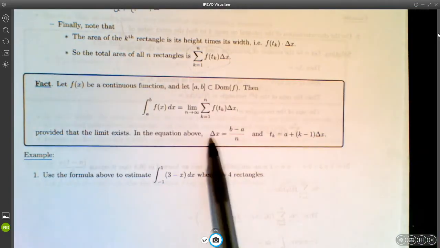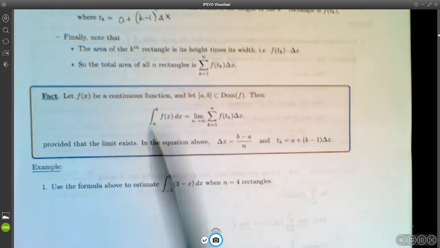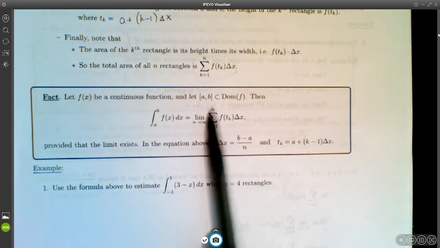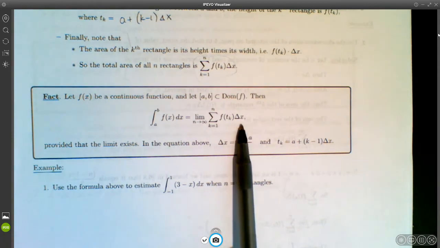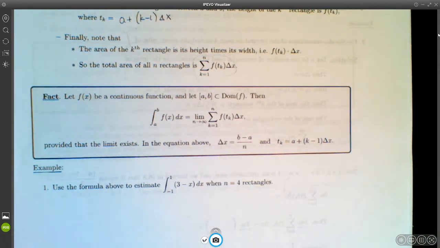And delta x itself is b minus a over n, as we saw on the previous page. So we're just putting all these facts together to get this formula. So really this integral is just the limit as we let the number of rectangles go to infinity of the sum of the areas of the individual rectangles. Height times width. Goodness gracious, that's a lot of information, right?